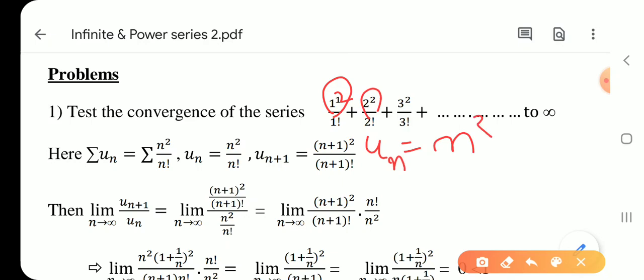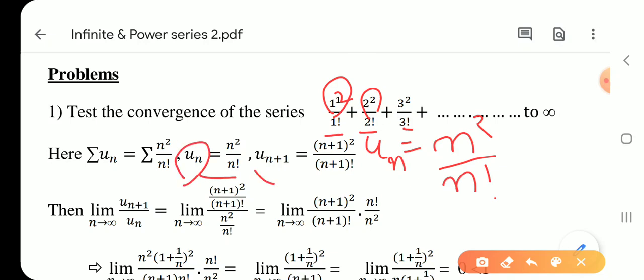So the numerator becomes n square. Denominator, if you see, it is again 1, 2, 3, 4 continuing. Again it is a natural number. So it is n, along with that you have a factorial. So un we have written as n square by n factorial. This is the nth term.